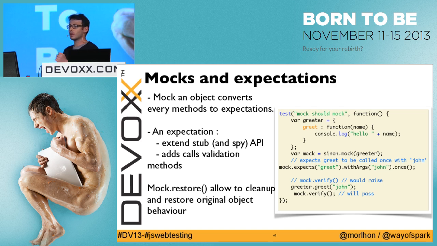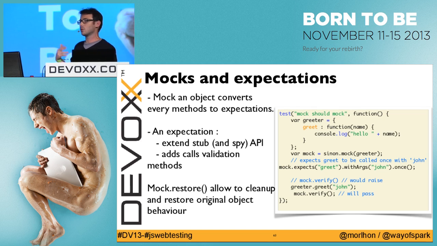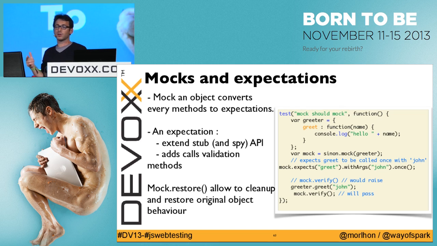Mocks. Mocks are just when you stub a whole object. Mocking an object converts every method of the object into expectations, which are stubs, and call validation methods, which allow the test frameworks to check if the stub was correctly called. For example, on the right, you define a greeter object with a greet function.